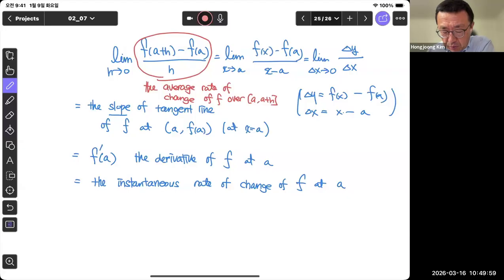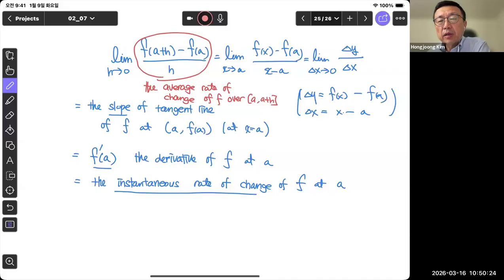Or in math, in many cases, we will represent the limit as f prime of a certain function at a certain point. And if you measure the rate of change of a certain function, especially in some application fields, that limit is called the instantaneous rate of change.